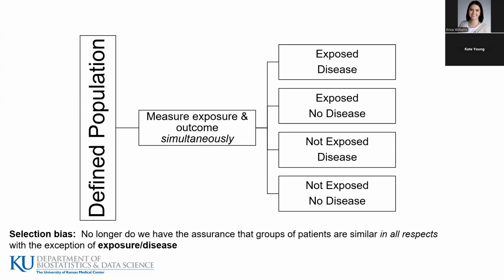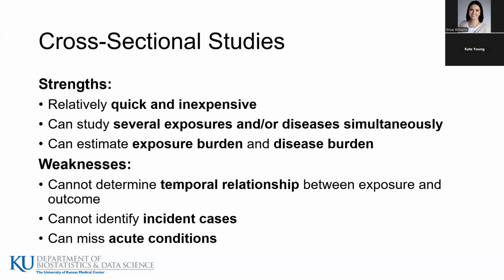And then again, this is also subject to selection bias because we don't have any assurance that the groups of patients are similar in all respects with the exception of exposure and disease. So some strengths are that they're relatively quick and inexpensive. They allow us to study several exposures and diseases simultaneously.